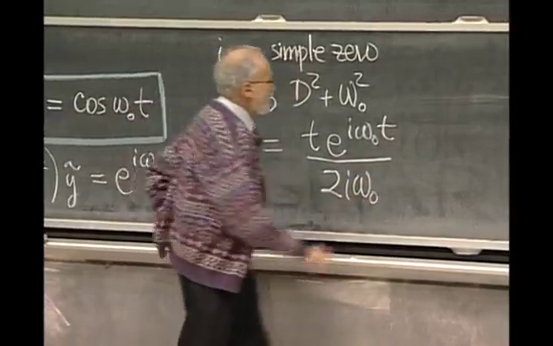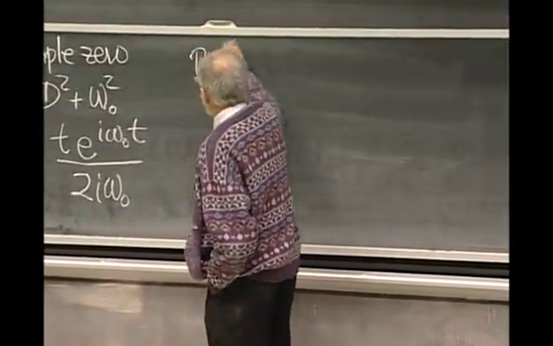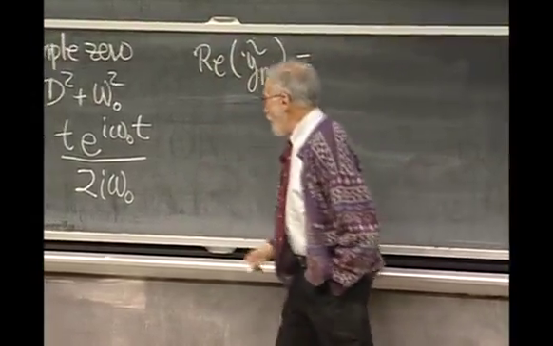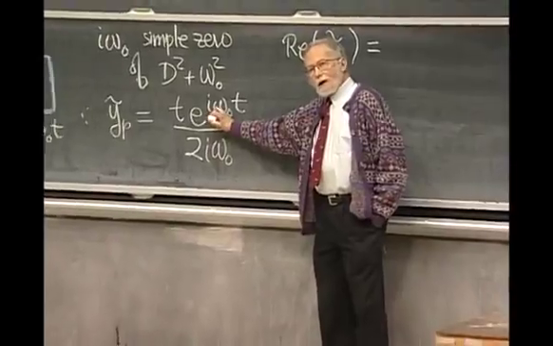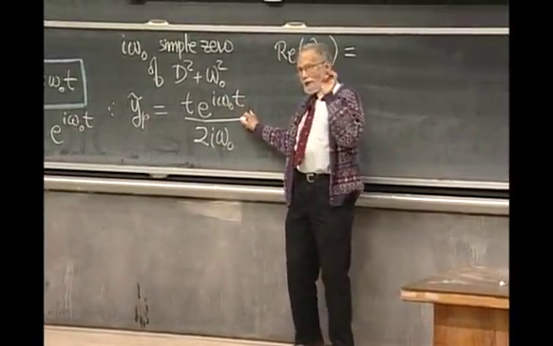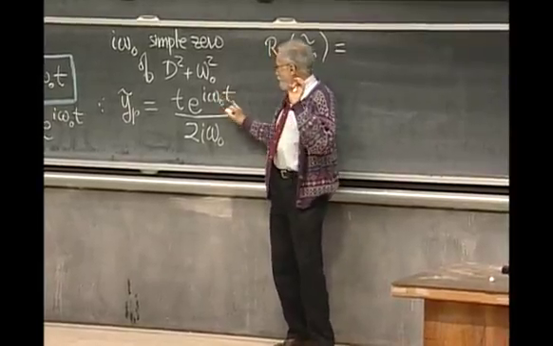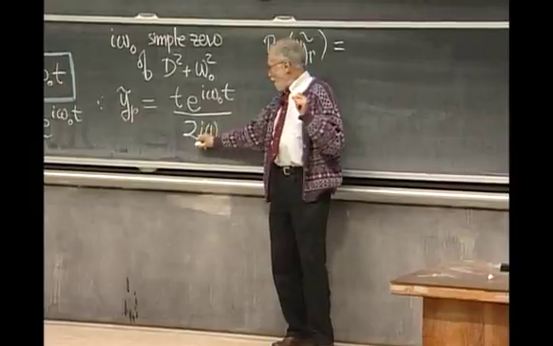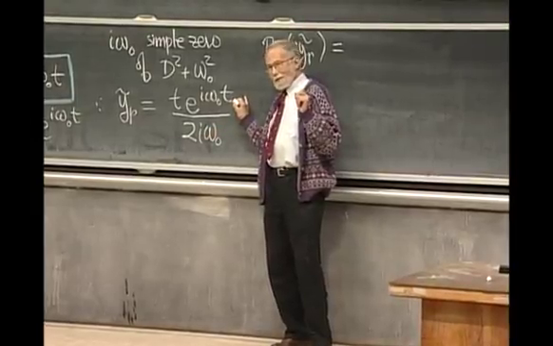And now I want the real part of that. Well, think about it. The top is cosine plus i sine. The real part is now going to come from the sine, because it's cosine plus i sine, but this i is going to divide out the i that goes with the sine.